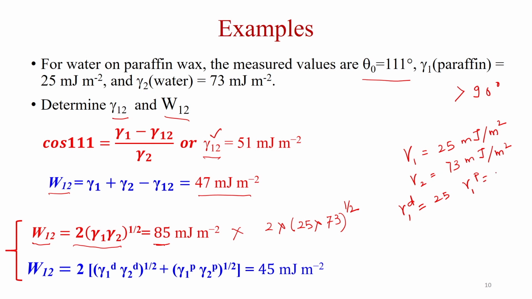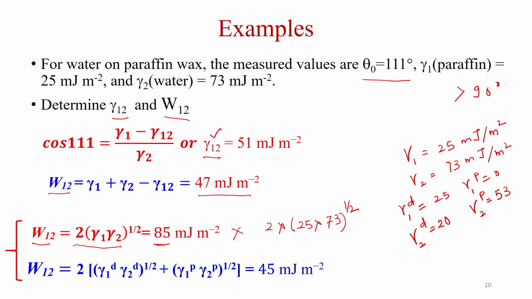So, its polar component will be 0. Now, for the water, its dispersive component and its polar component: if you remember the table we discussed, in case of water the dispersive component is close to 20 and polar component is 53.